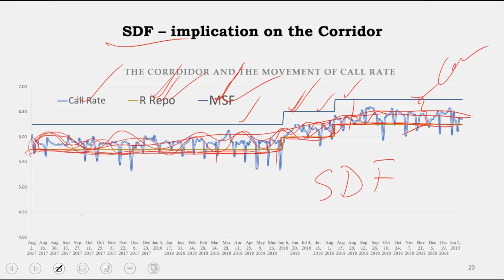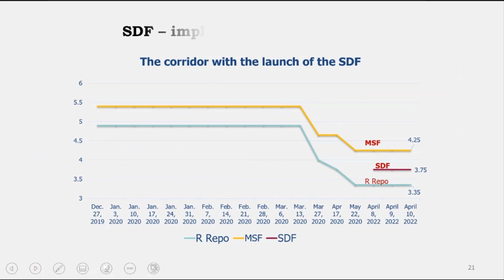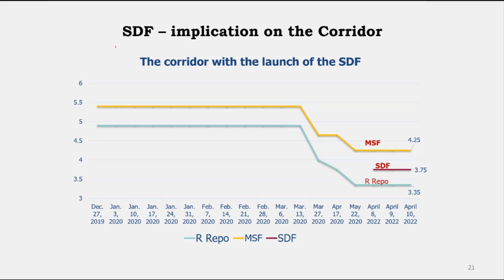Okay, now we are going to see in the next diagram the SDF implication on the corridor, how the corridor structure may change with the launch of SDF. Now the reverse repo operation's interest rate is 3.35%. But the SDF interest rate is 3.75%. So the reverse repo is going to be insignificant. The banks may park their funds using the SDF.